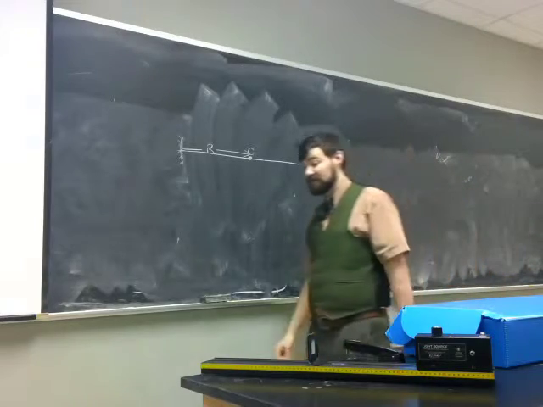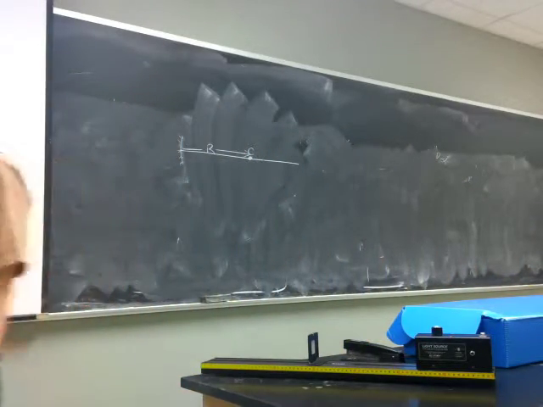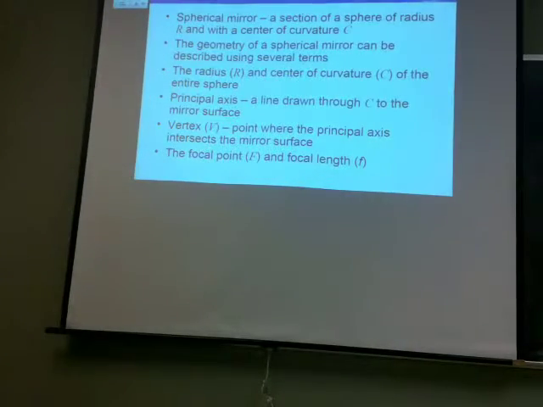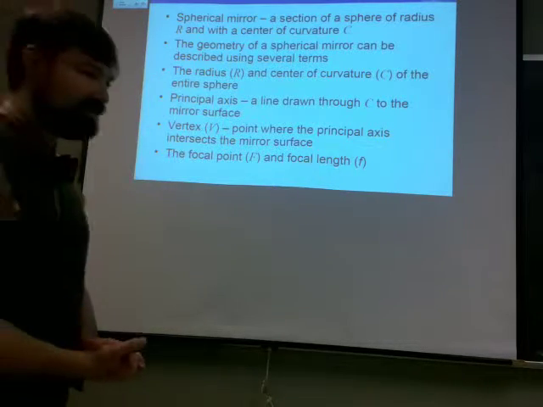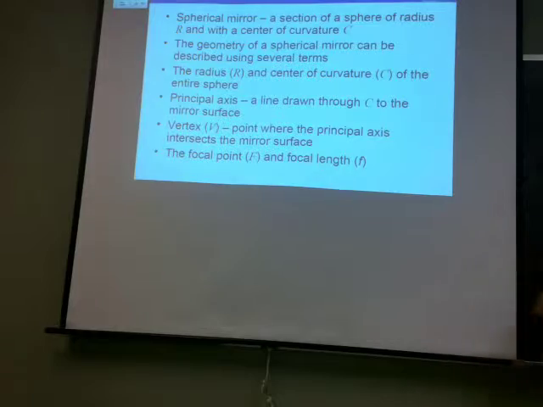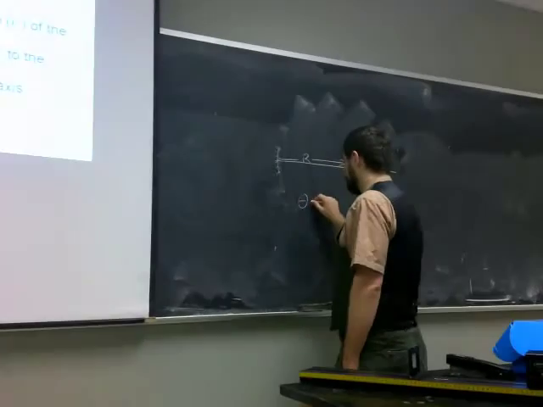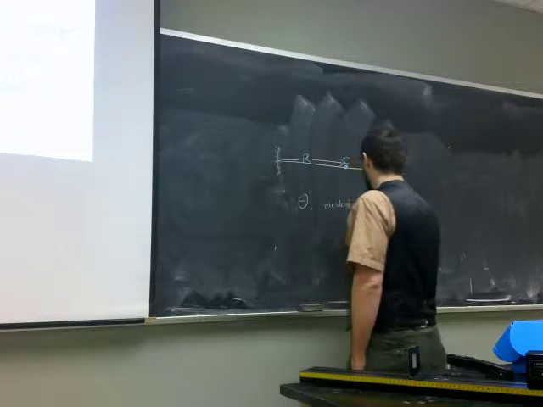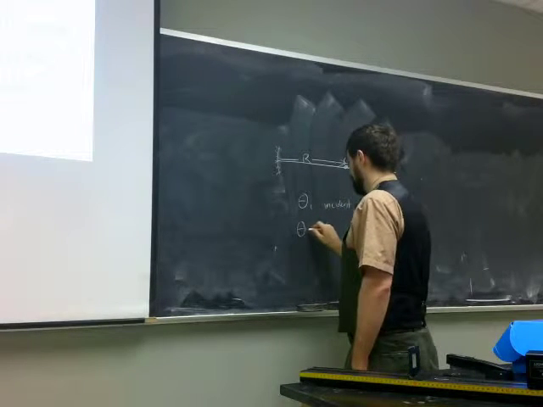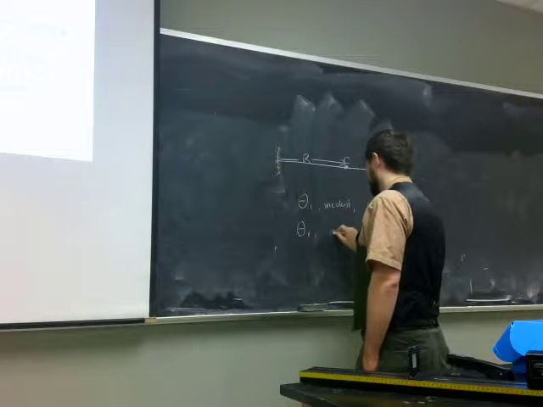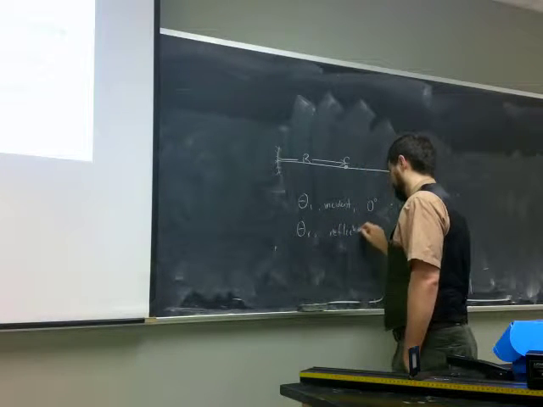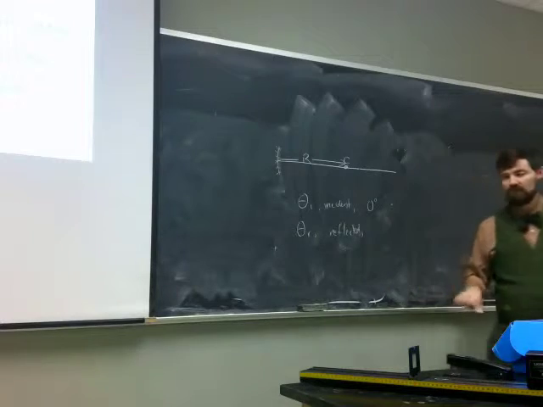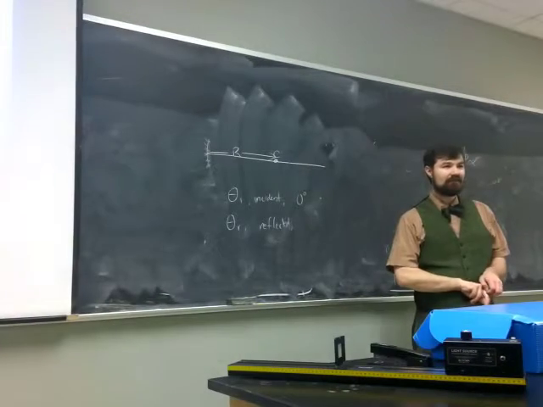If it's incident at a 0 degree angle, what is the angle of reflection going to look like? If theta I is 0, what is theta R? What angle would theta R be in this case?